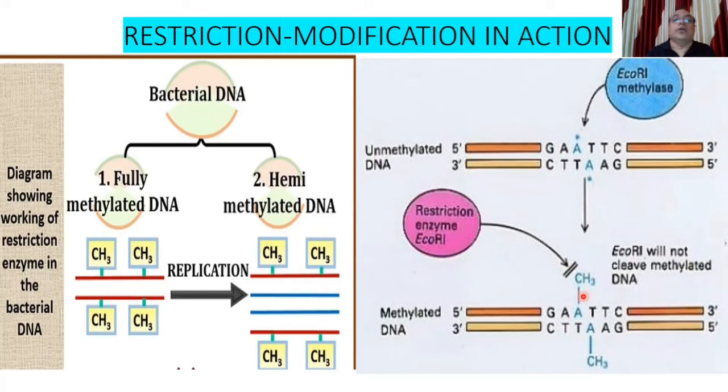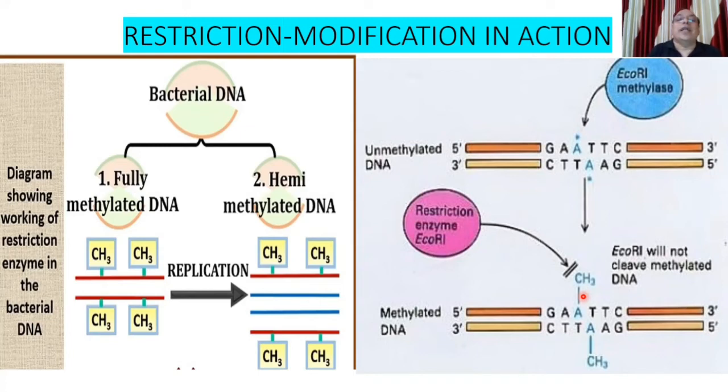So the essence of the restriction modification system is that the restriction task of the enzyme is accomplished on the phage DNA only. The restriction enzyme produced by the bacterium restricts the multiplication of the phage DNA only, and it is not destroying the self. And how does it distinguish between the self and the alien?